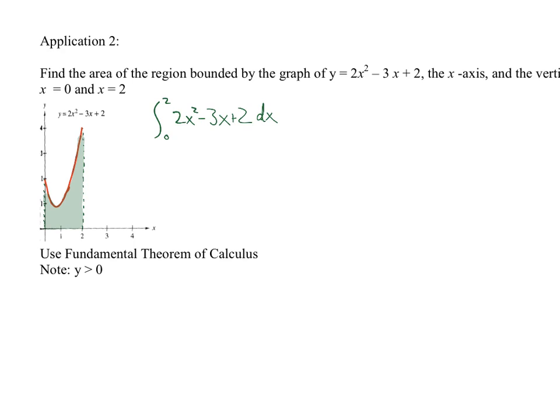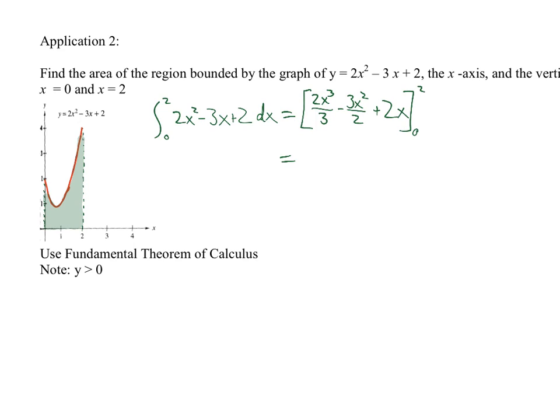Alright guys, what did you get for the antiderivative here? 2x cubed over 3, minus 3x squared over 2, plus 2x. Now, when you evaluate this for 2, what do you get? 10 over 3?